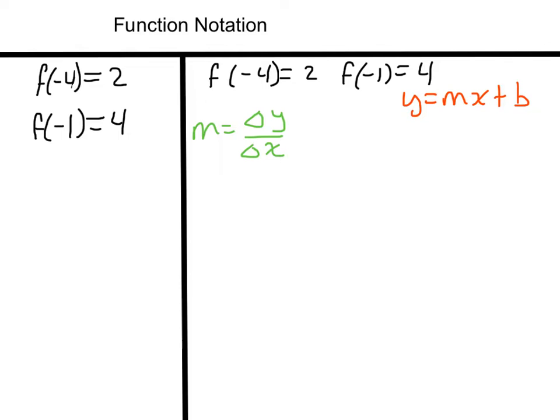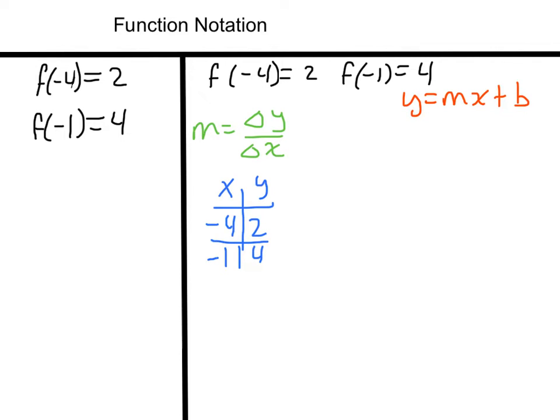So for my t-chart, I have x and y, and I have this notation right here telling me that this number is what my x is, this number is my y. Therefore, in my t-chart, I can write negative 4, 2, and then for this one, that's my x and that's my y. It does not mean f times x, it means the function of x. So negative 1, 4.